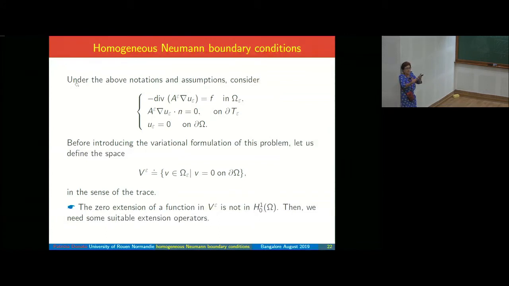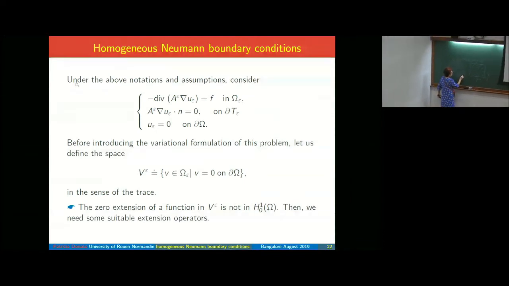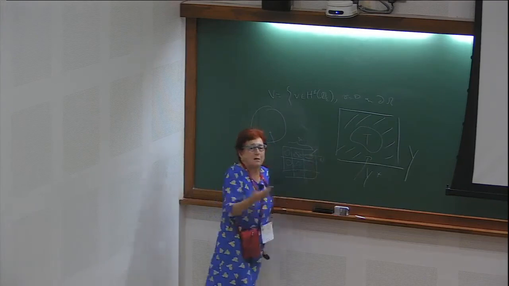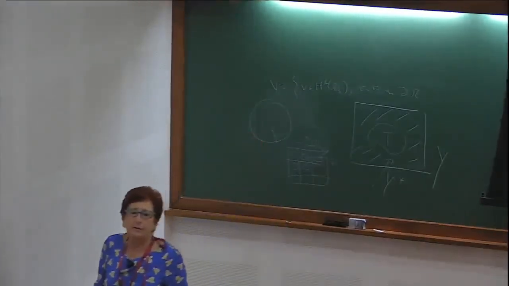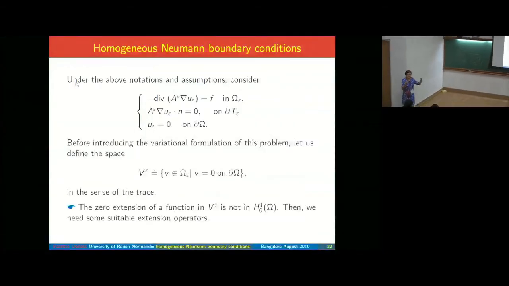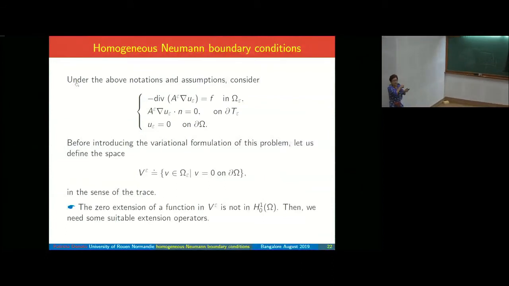So from the exterior, if you extend the function by 0, the trace here will be 0, from inside the trace will be something else, and a function in H1 has a trace which is the same from both sides of a line, let us say. So we need some suitable extension operator, which also makes all the difference with unfolding, because as we will see, unfolding will not need an extension operator.